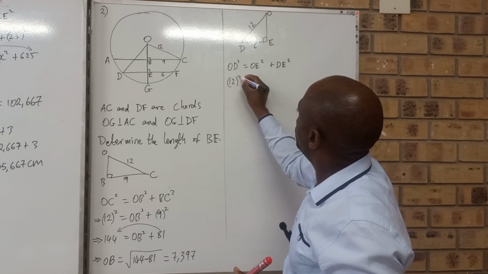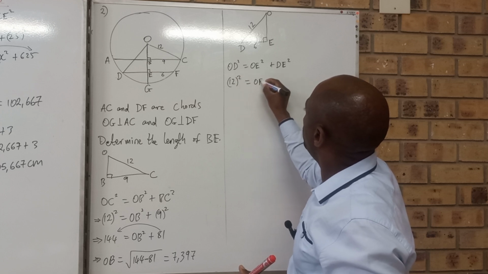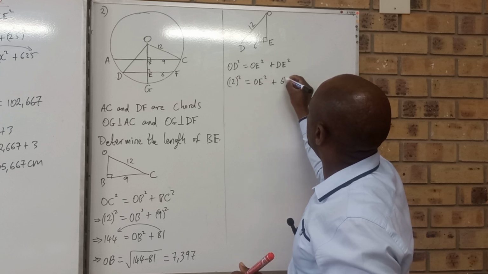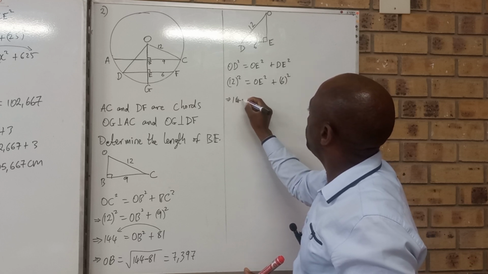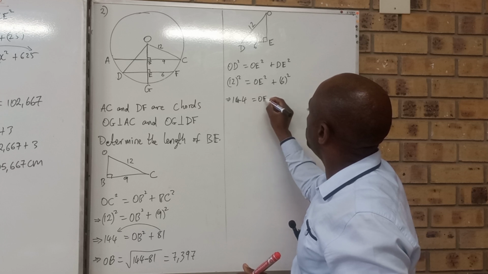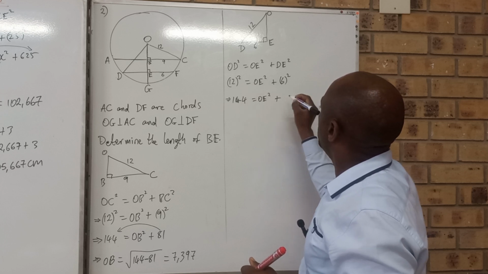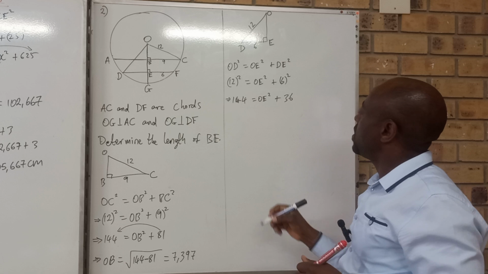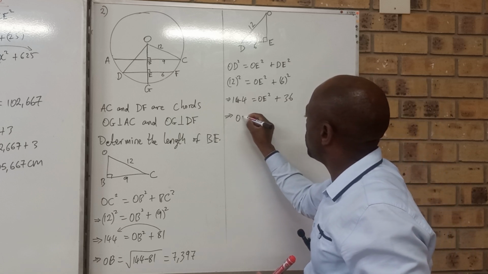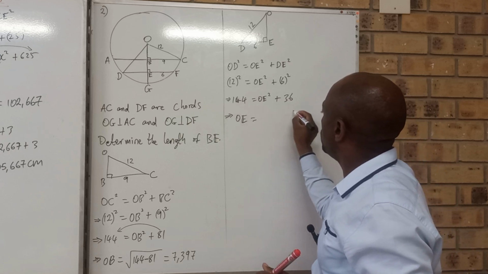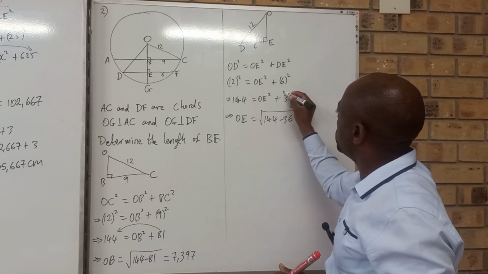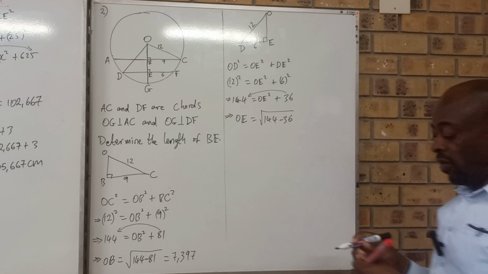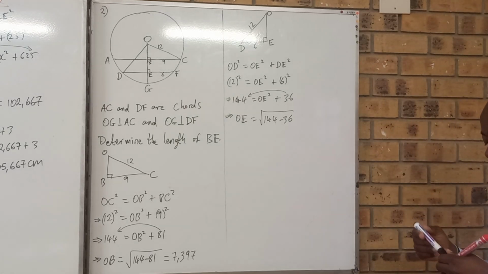OD, you are 12. OE, we are looking for you. DE, you are 6. Then 12 squared, you are 144. OE, we are still searching for you. 6 squared, you are 36. So this therefore tells me that OE is equal to the square root of 144 minus 36. Since 36 is a like term to 144, crosses that side, it will be negative.